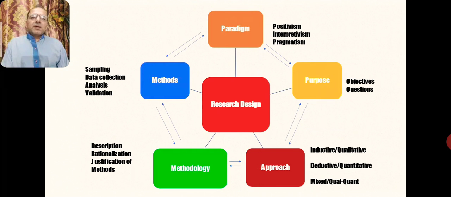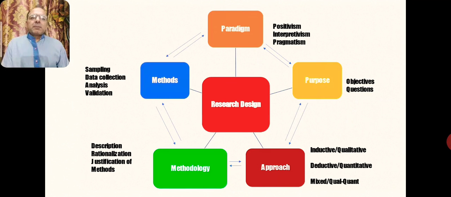So when we are thinking about research design, we need to think about the philosophy of research, the objectives of the particular research, and the practical research procedures and considerations of the research that we are conducting. Overall, it's a combination, a wholesome thing that we need to think about.